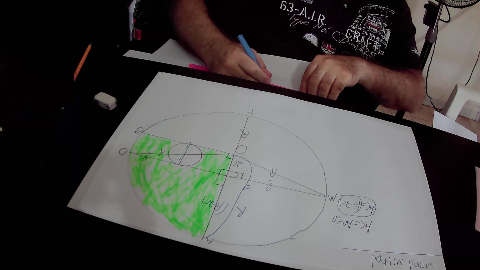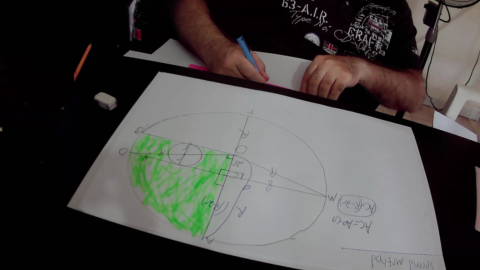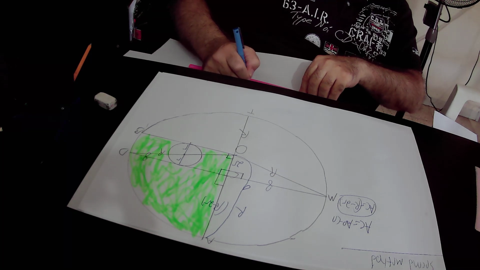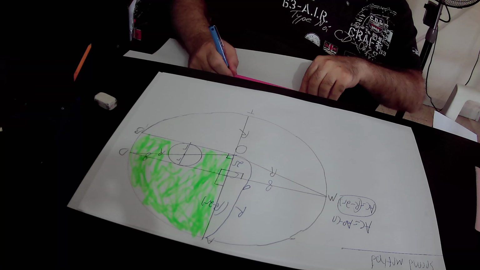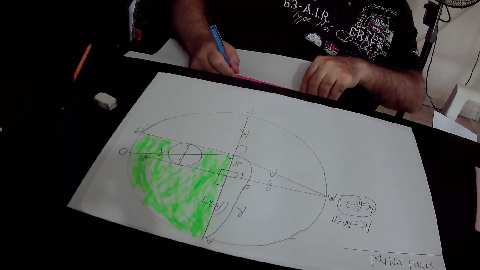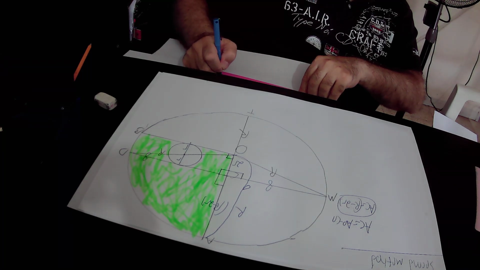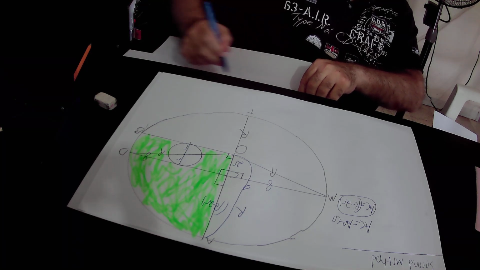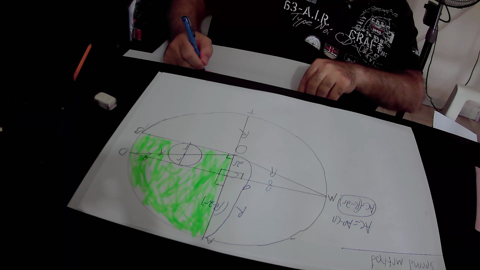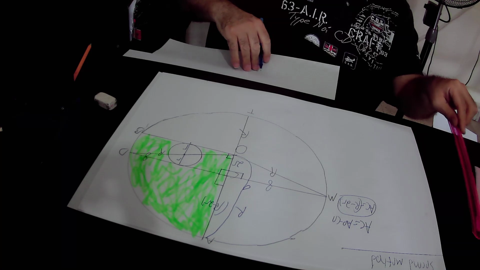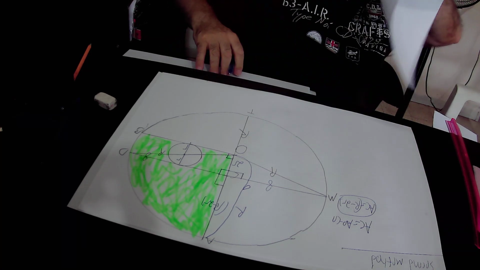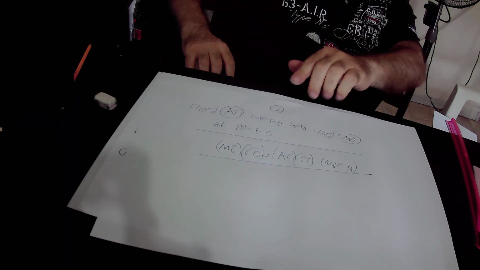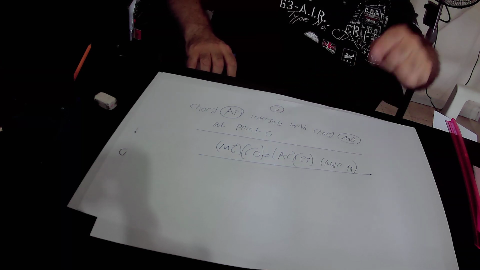I write it down: MC times CD equals AC times CT.